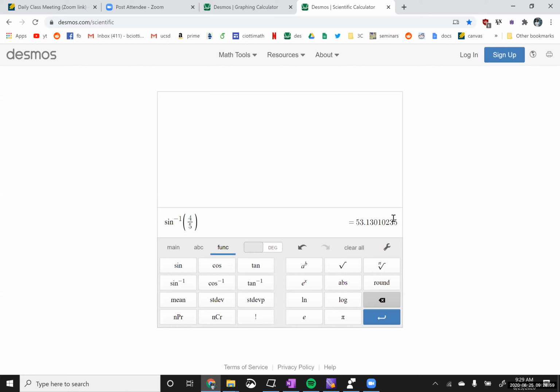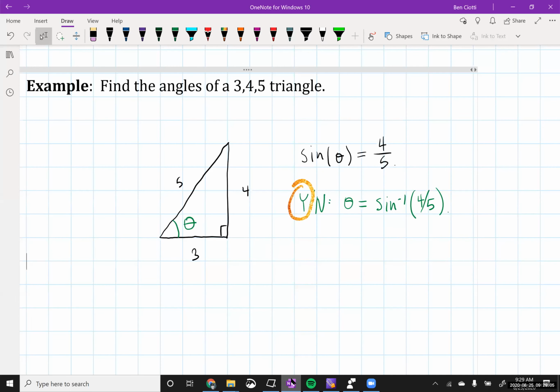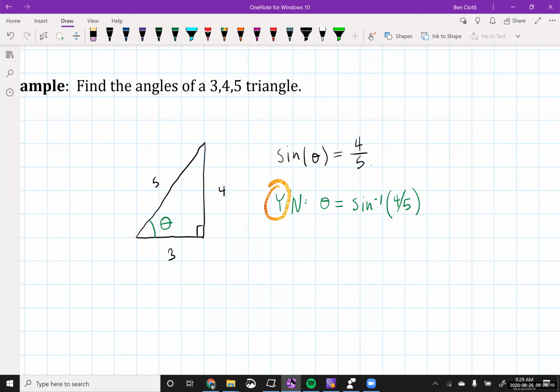So about 53 degrees. Let's round it to 53 degrees. So theta is approximately 53 degrees.